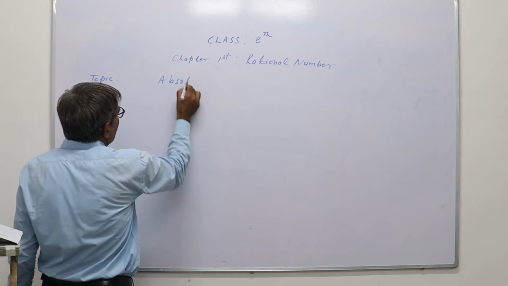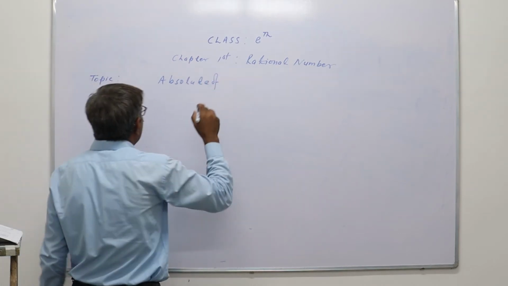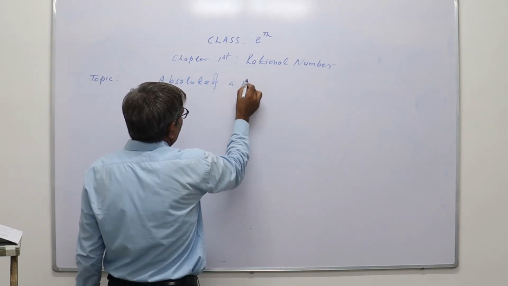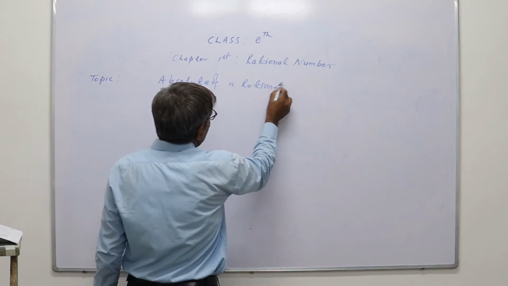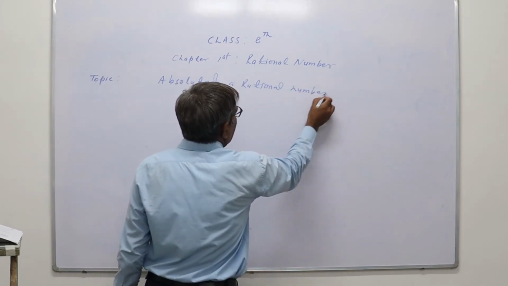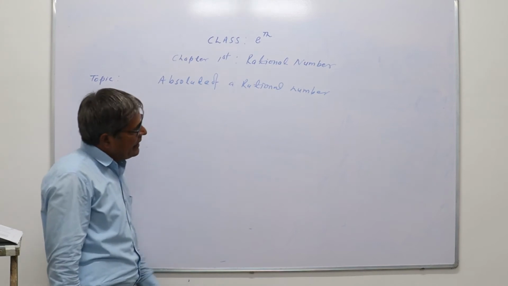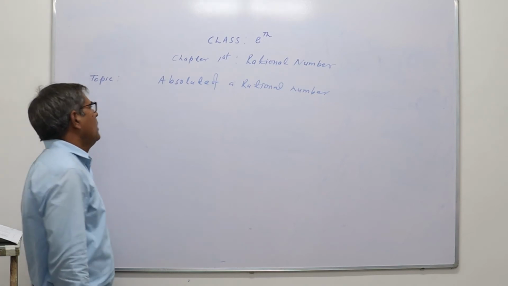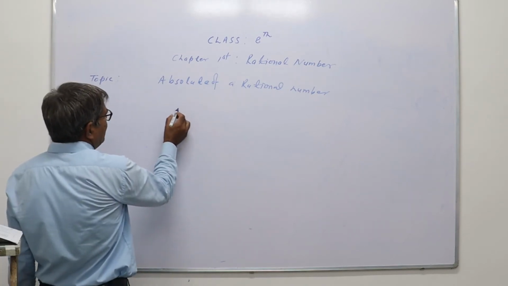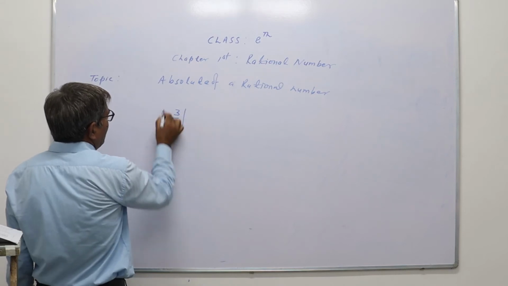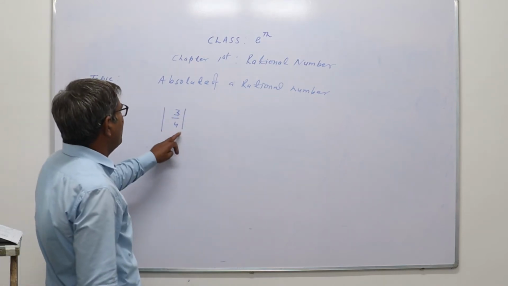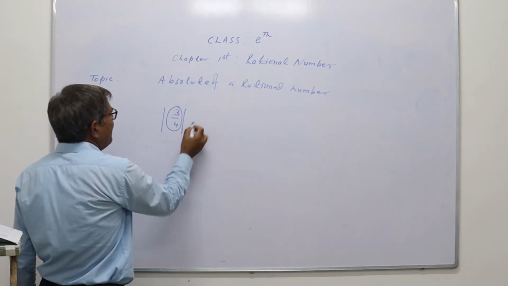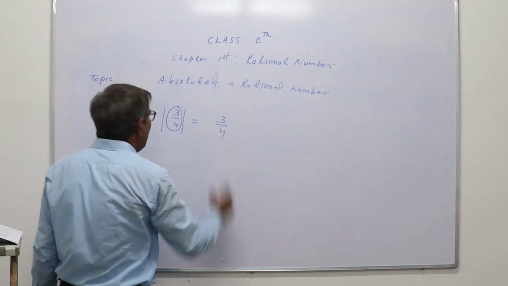Absolute of a rational number. I explained the rational number may be positive or negative. So if the given rational number is, for example, 3/4, and we have to find the absolute of 3/4, this 3/4 is also a real number which is already positive, so its absolute will be 3/4.